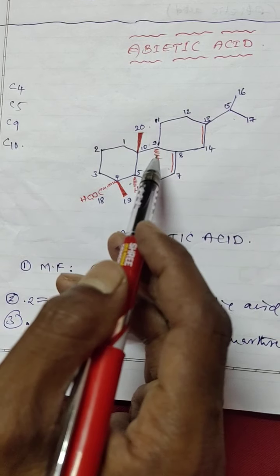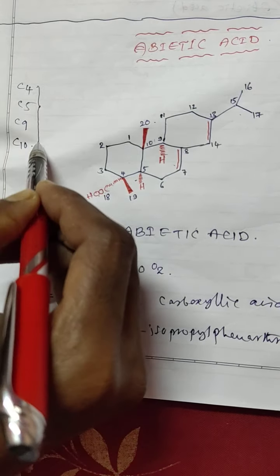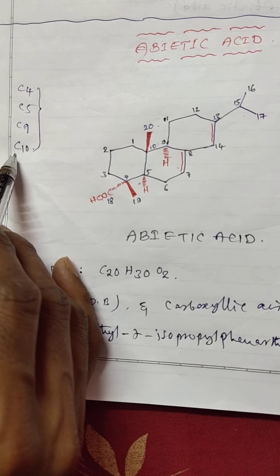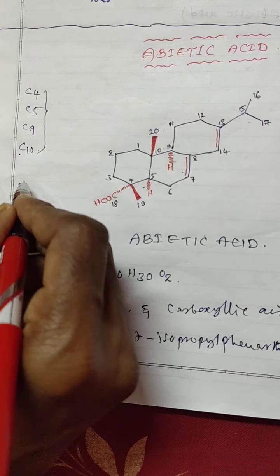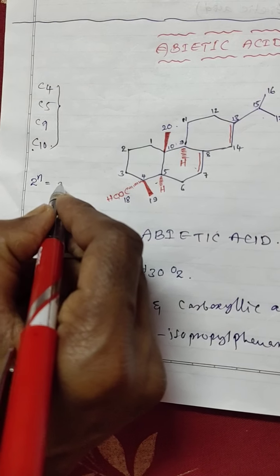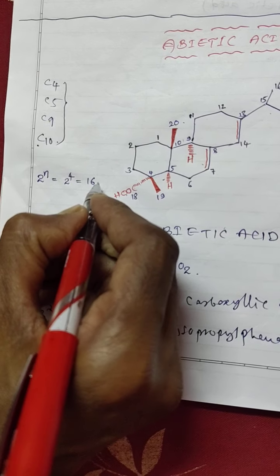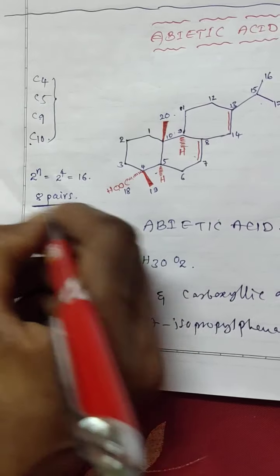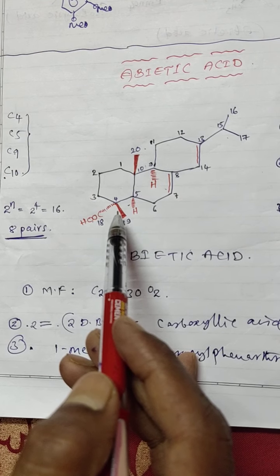Is there any other choice? No. So there are four chiral centers, that is C4, C5, C9 and C10. The possible stereoisomers are calculated by the 2^n formula, which equals 2 to the power of 4, equals 16 isomers, that is 8 pairs are possible, right?